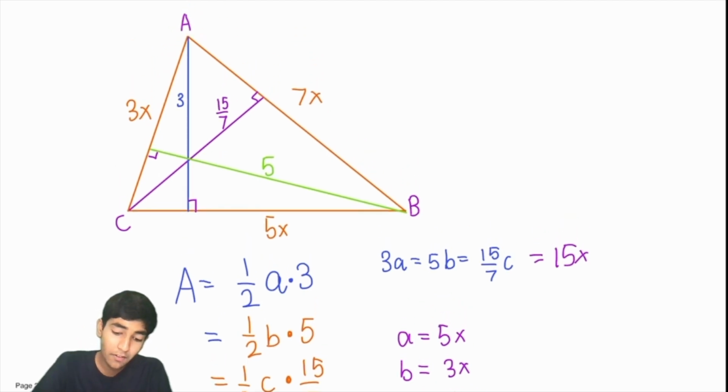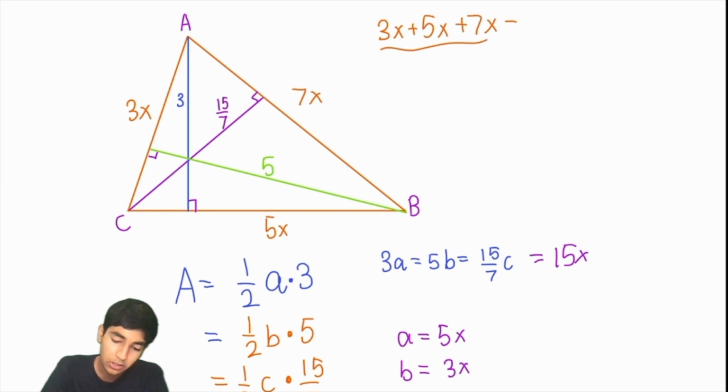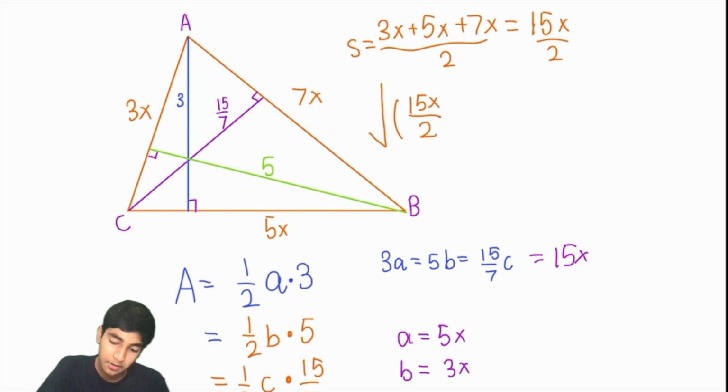So Heron's Formula, remember, we need to find the semi-perimeter, which is 3x plus 5x plus 7x, divided by 2, which is 15x divided by 2. That's S, the semi-perimeter. And now we just plug it into Heron's Formula. S, which is 15x over 2, times S minus each of the side lengths, and then the square root of all that.